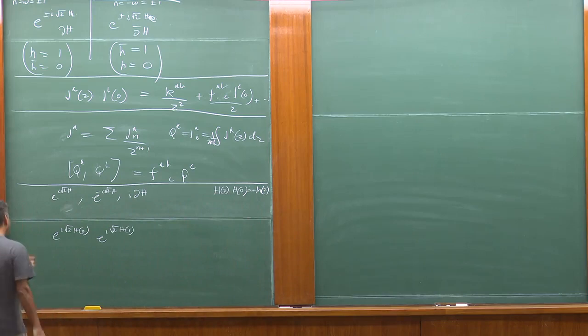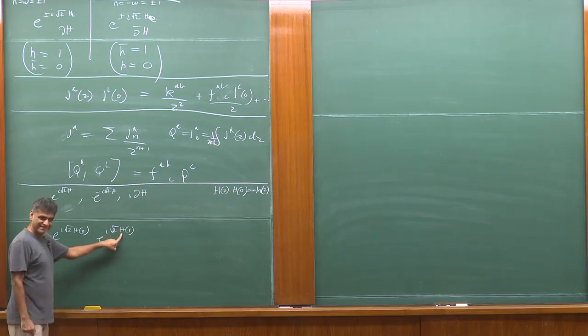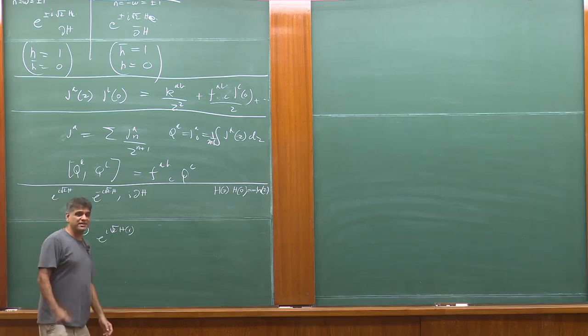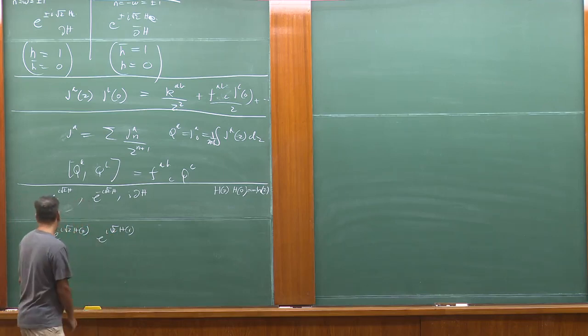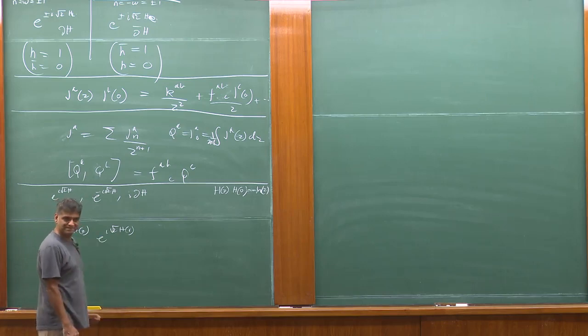So H with H comes with a minus. Then i with i comes with another minus, so you get a plus. And you get square root 2 with square root 2.